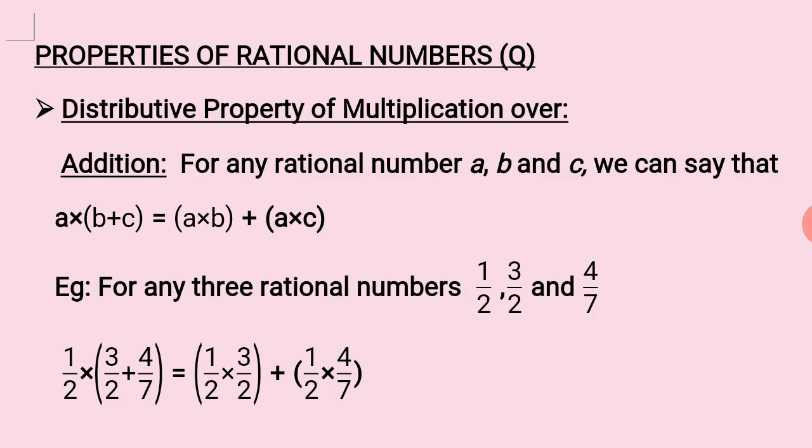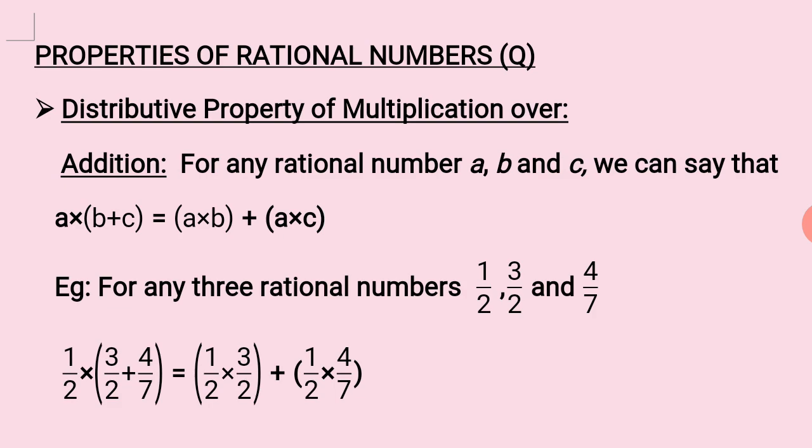So substitute them in their particular places and try to solve the LHS and RHS separately. You will see that you come to the same solution, and it proves the distributive property of multiplication over addition.